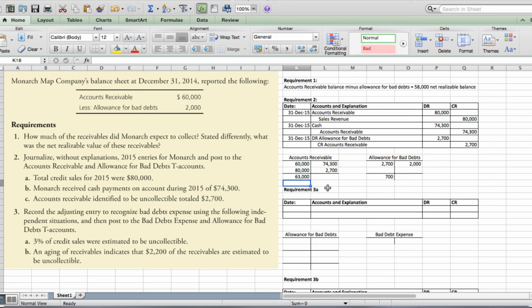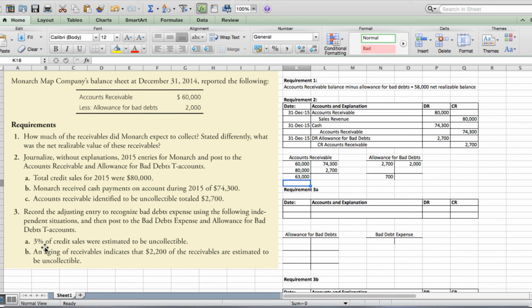So we have in part 3 here, we're testing basically 2 of the 3 methods that we looked at. The first one, we're testing percent of credit sales and using that as the guesstimate for the allowance for bad debts.